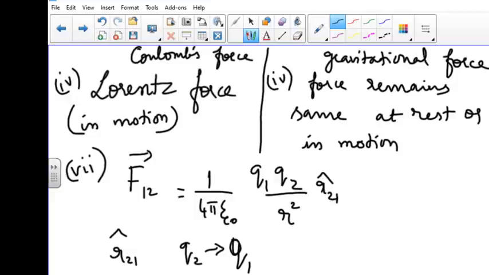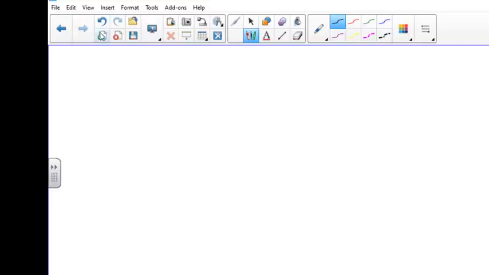But we know r21 cap is equal to minus r12 cap. They are equal and opposite. They are representing the unit vectors, but they are acting in opposite directions.